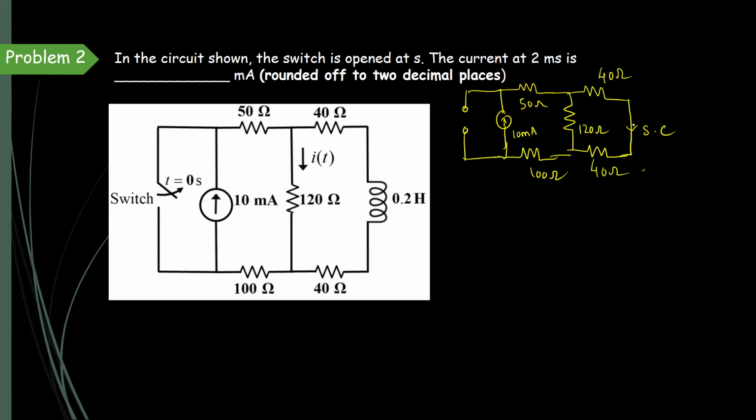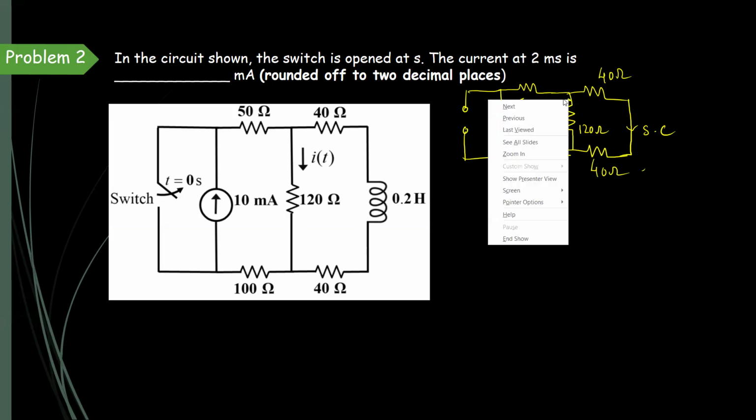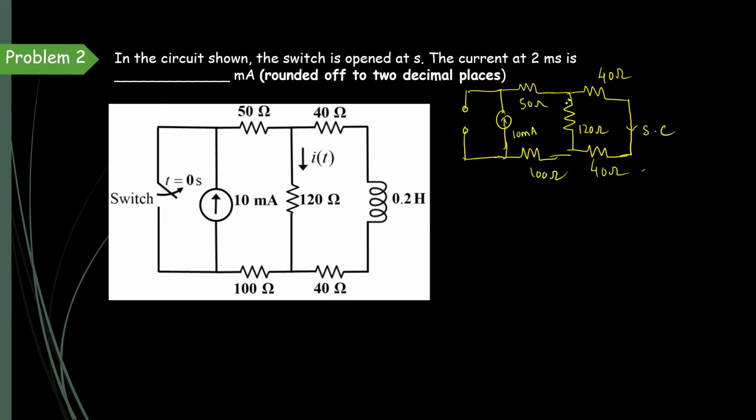Here the 120 ohms, 40 ohms and 40 ohms are in series. 10 milliamps is flowing through 50 ohms, and here we can mark I of infinity.